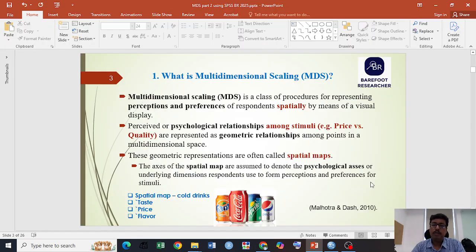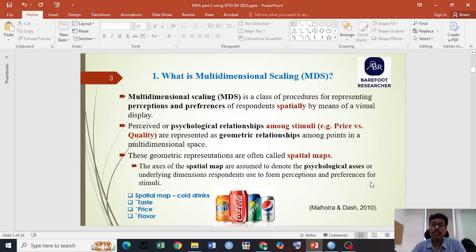So what is multidimensional scaling? It's a class of procedures for representing the perception and preference of respondents, especially by means of visual display. So we can present how a number of brands can be positioned in a visual map using price versus quality.